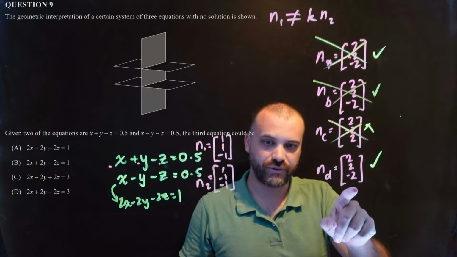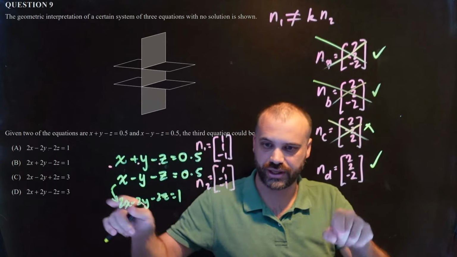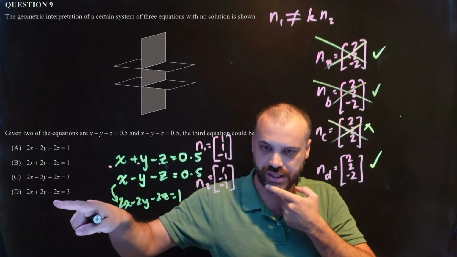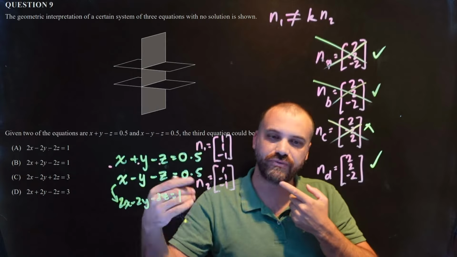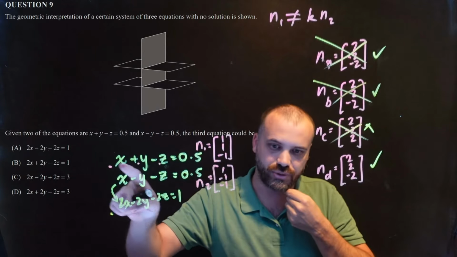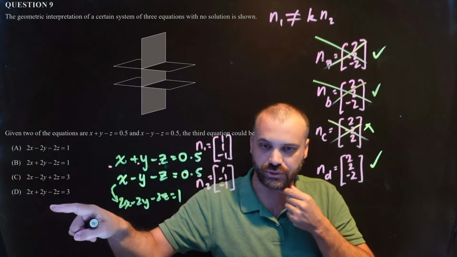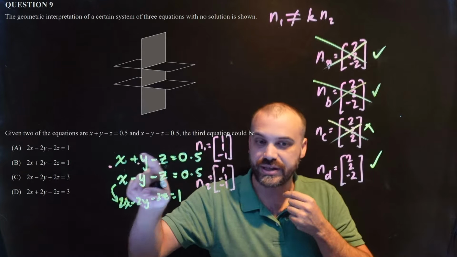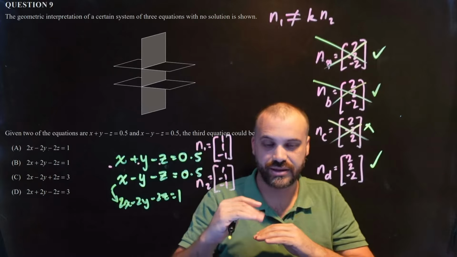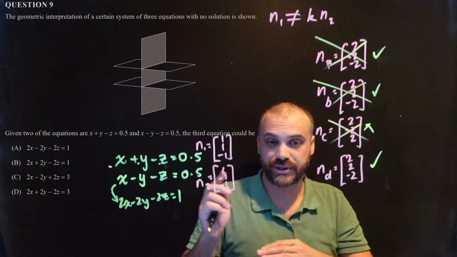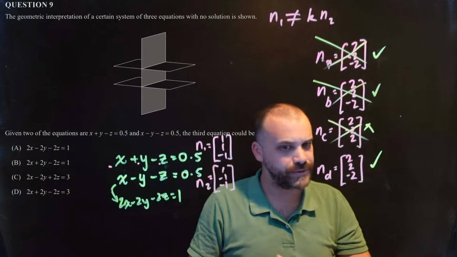This does not suffer from that problem, right? If we look at our last one, 2, 2, negative 2, 3, there is no value that I could multiply my entire equation by to make it look like this. These are different planes, but they are parallel to each other because they have the same normals.